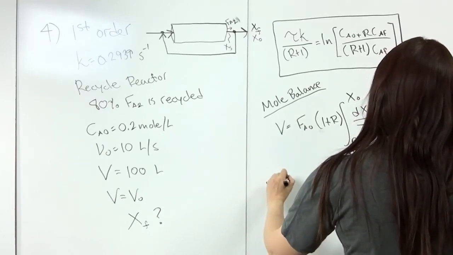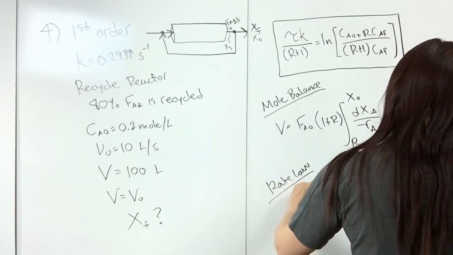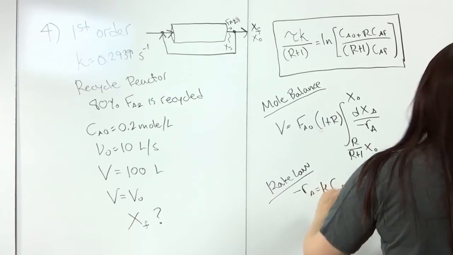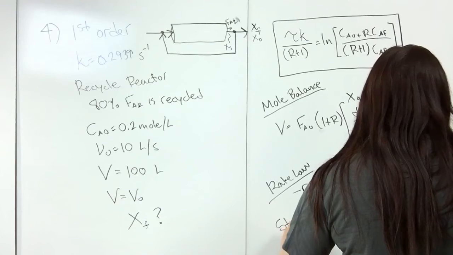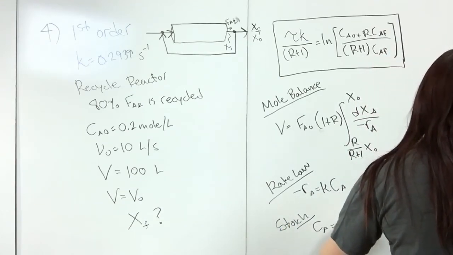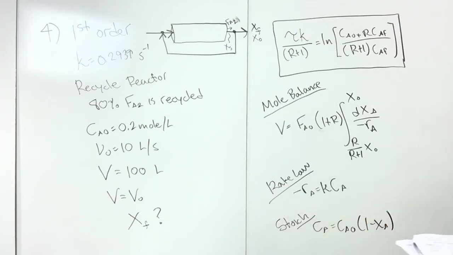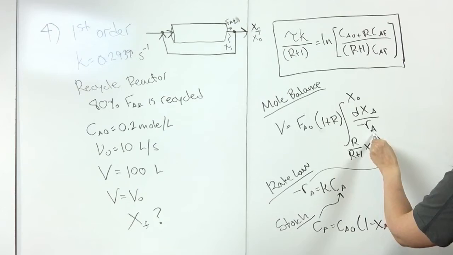And then you have a rate law, and it says it's first order, so minus RA is equal to K CA, and then the stoichiometry, CA is equal to CA naught (1 minus XA). And then what you would do is combine this into here, this into here.